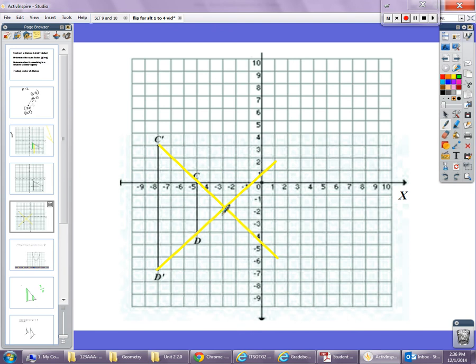So in this case, and in this case only, even though it's on a coordinate grid, you could not take the coordinates of C. So C is at negative 5, 0. And C prime is at negative 8, 3.